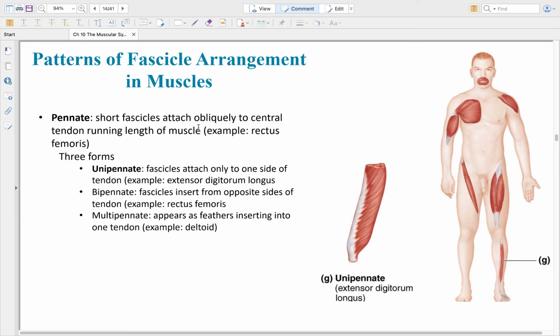And then the unipennant. Okay, uni means one. The fascicle attached here is only attached to one side of the tendon. So in other words, here's the muscle, and then it's connected to this tendon over here. The whole muscle's attached to it, but not on this side.